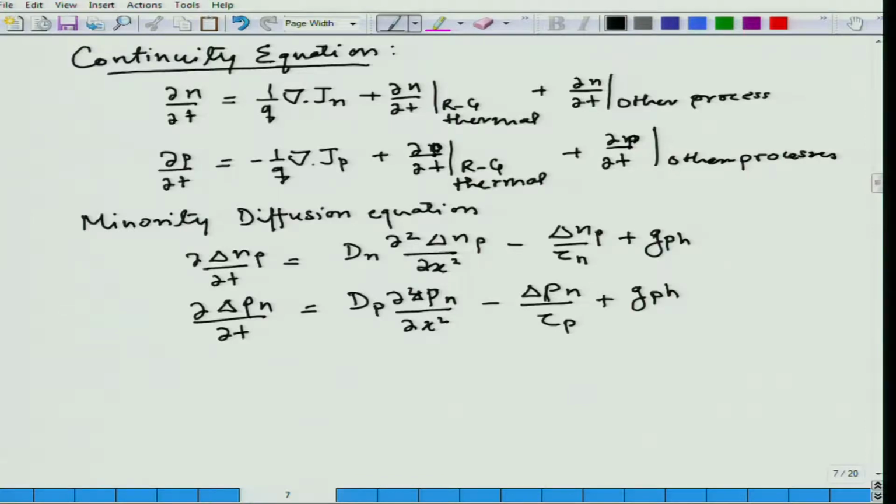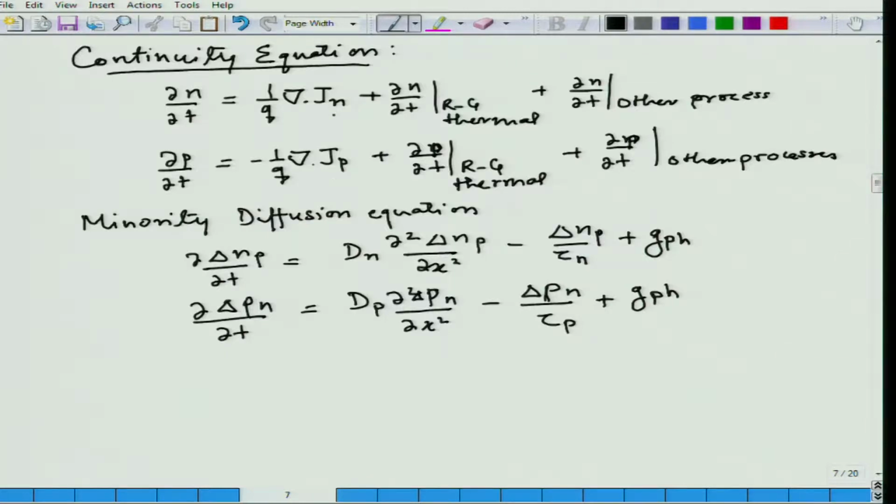Now, in addition to these equations, we also need to solve another equation which we have not discussed so far. If I look at this particular general expression, I am solving for n and p in the first equation, and then I look for the current due to electrons and holes.